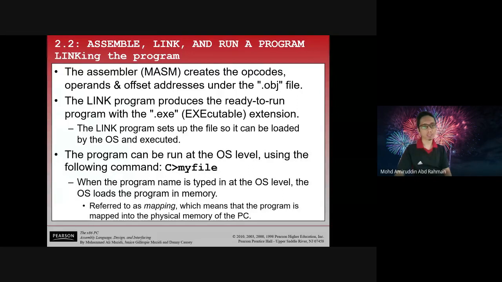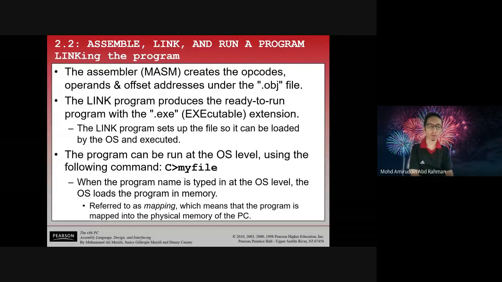The program can be run at the OS level using the following command. Whenever we want to run the .exe file, we just execute it by typing the name. You can do that in your Windows actually.